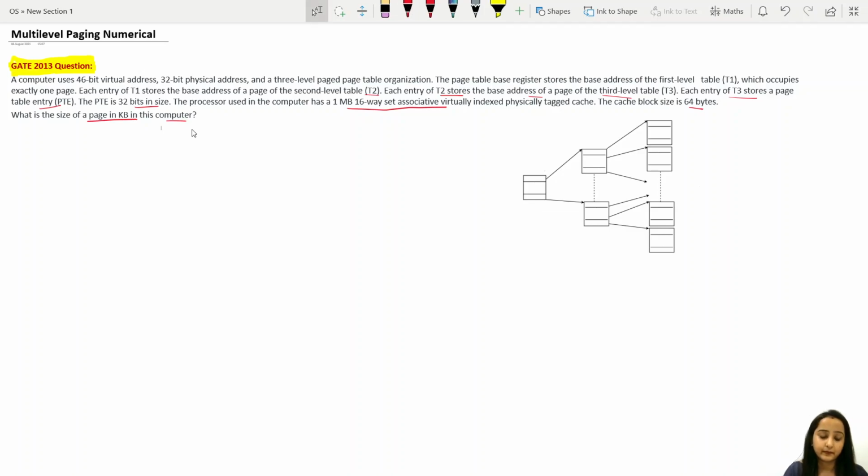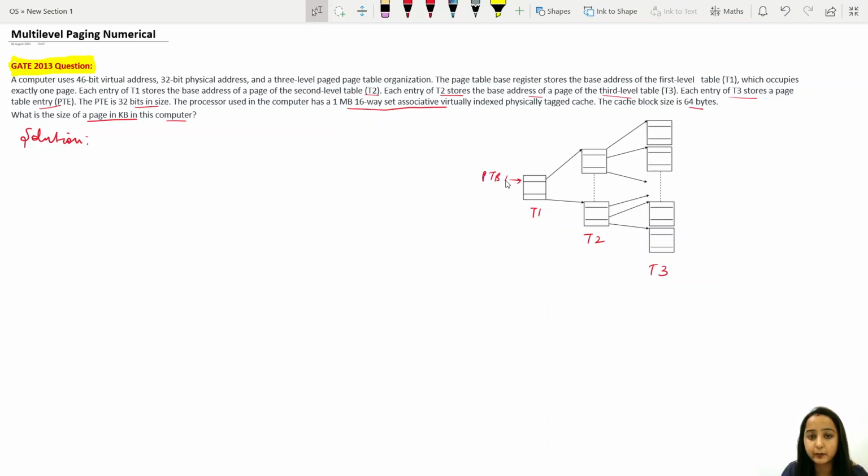So what solution am I providing here for this numerical? Here we have T1, T2, and T3.